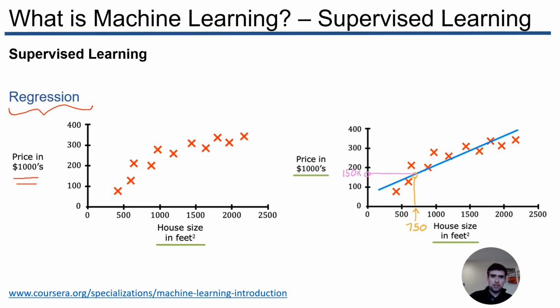So this is an example where you have the size of a house, for example, in square feet, and given a training set, you go out and collect different house prices and square feet of those houses. You plot them, or you collect the data, and then you try to find the function that describes, given a new house, for example, 750 square feet, what is the likely price that it would have?